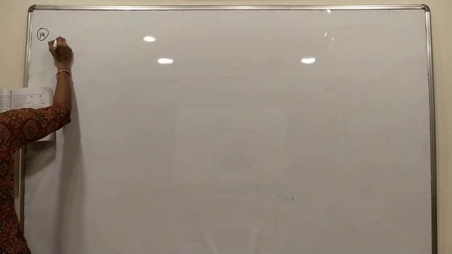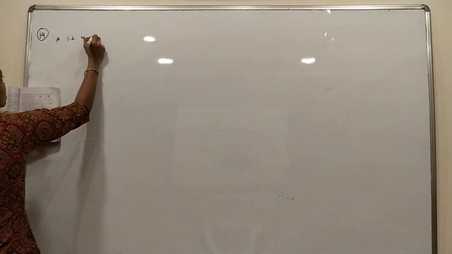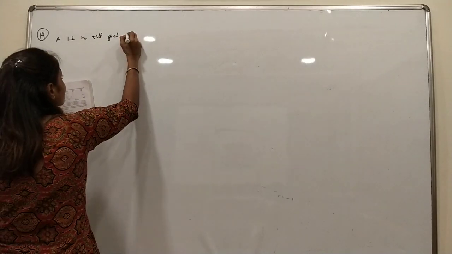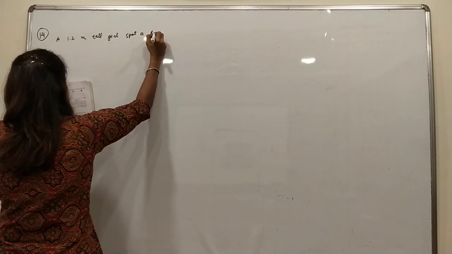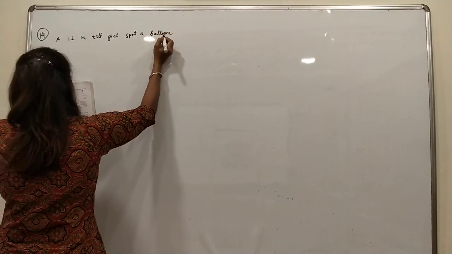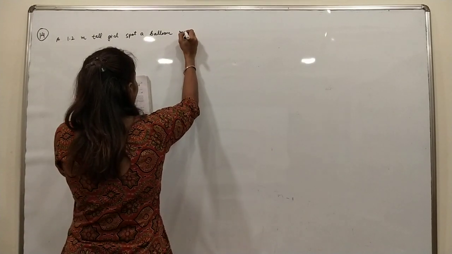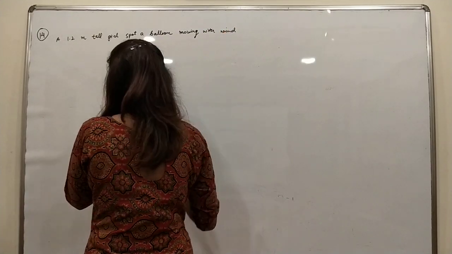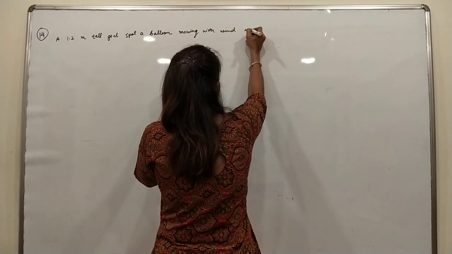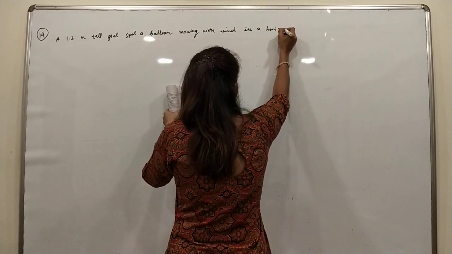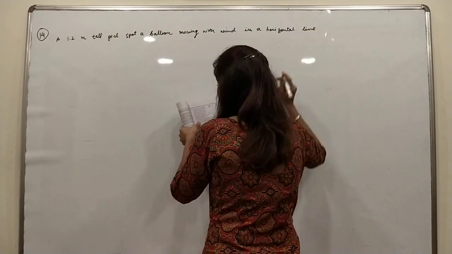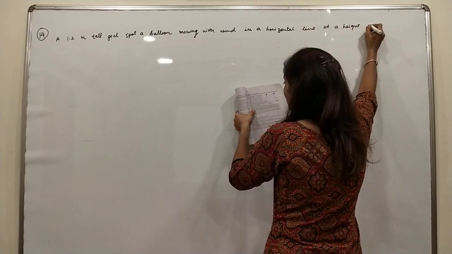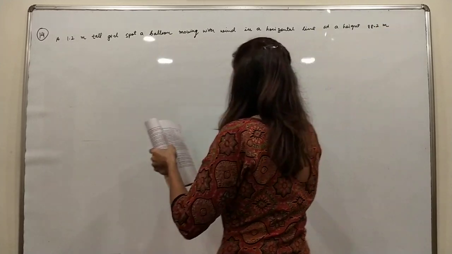Question 14. A 1.2 meter tall girl spots a balloon moving with the wind in a horizontal line at a height of 88.2 meter from the ground.